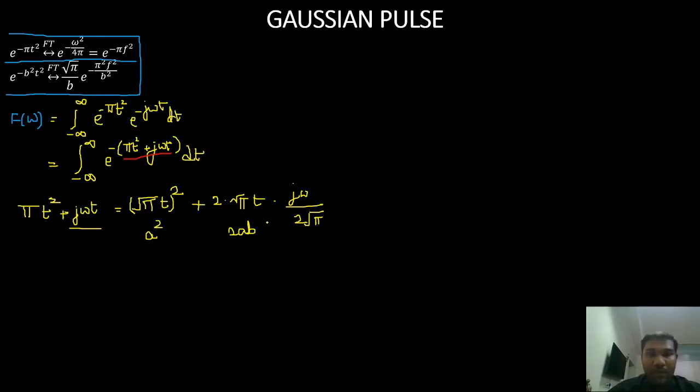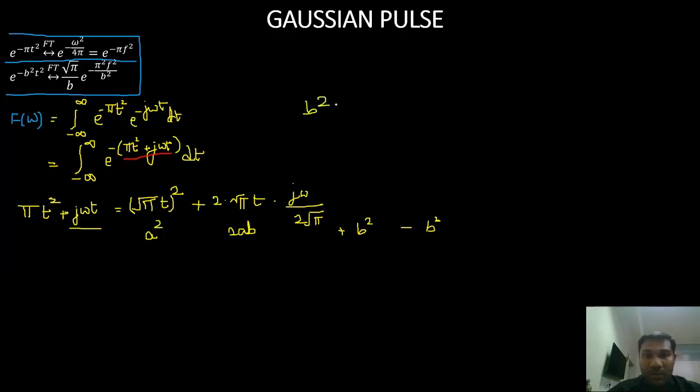Now I have got a square, and this is my 2ab. So I will look for my b square, adding b square and subtracting b square. So the final expression is pi t square plus j omega t, where these two get cancelled. Now what is b square?